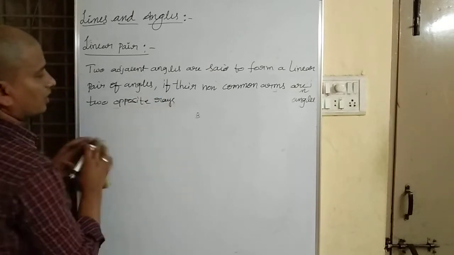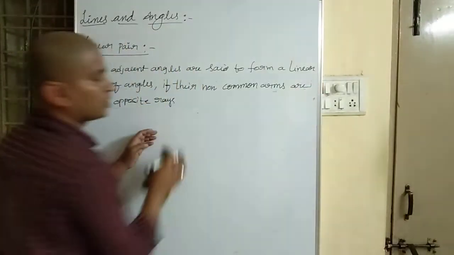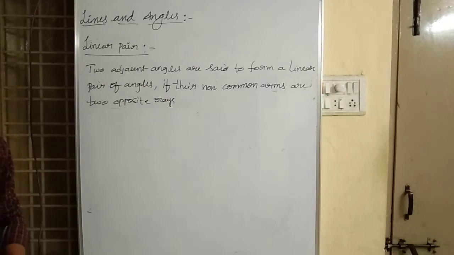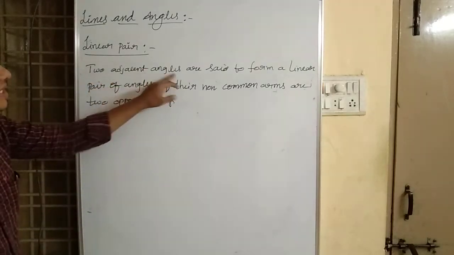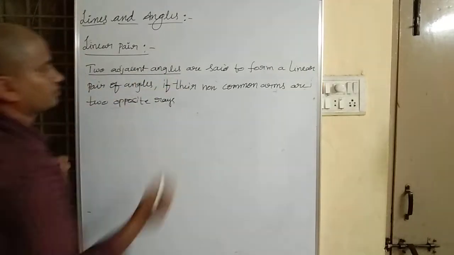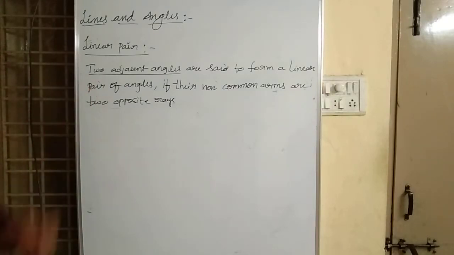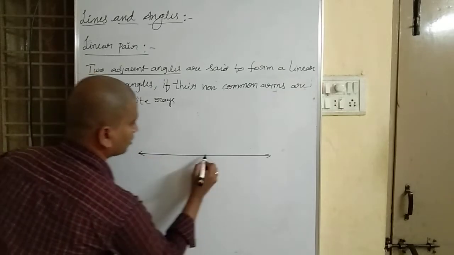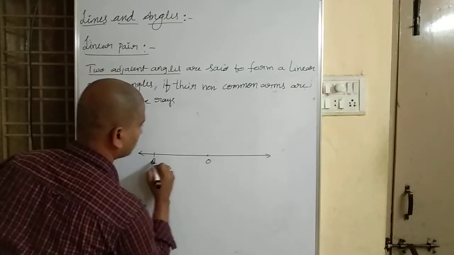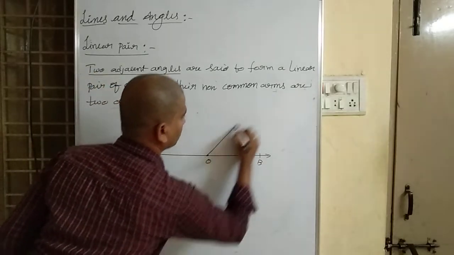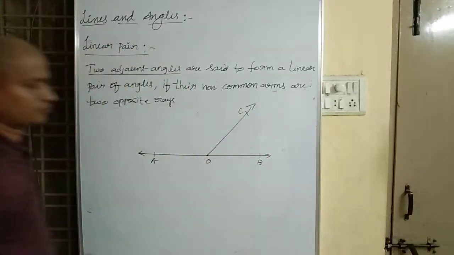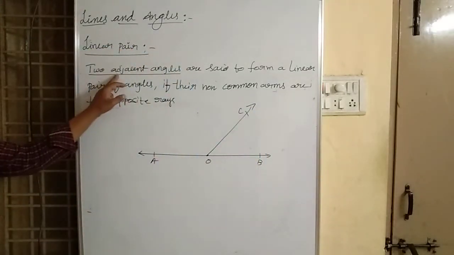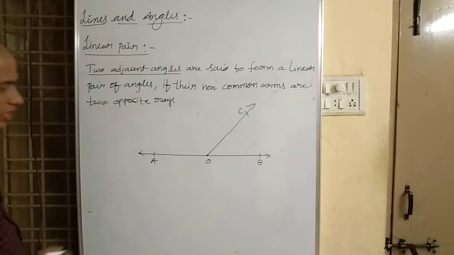Listen, I will explain what you mean by linear pair. Two adjacent angles, this is the important point. See, for suppose, we have two angles here.